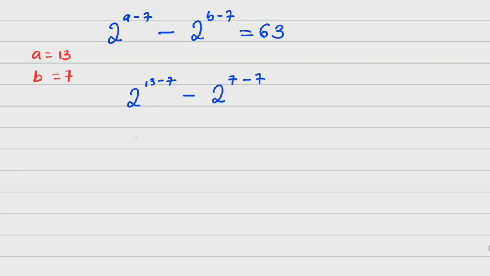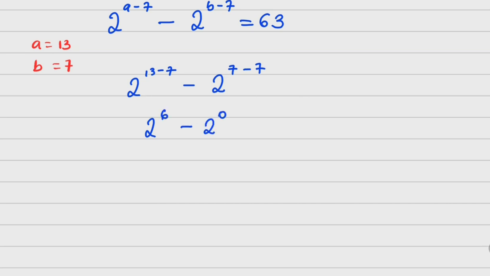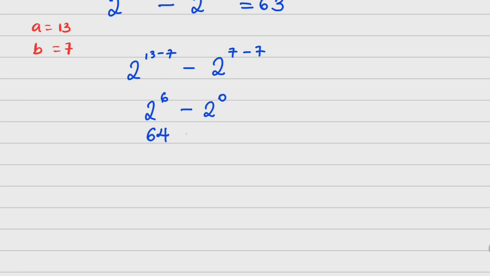Is it going to be equal to 63? This is going to be 2 raised to power 6 minus 2 raised to power 0. So we are going to have 64 minus 1. So the answer is 63. So it means that what we've done is actually very correct.